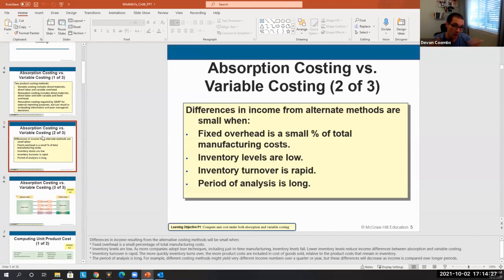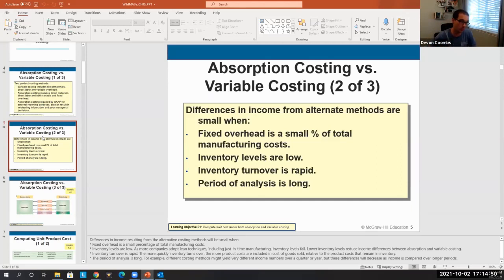But if we're using a lot of fixed overhead, like a lot of warehouses and factories, if we have very high inventory levels, or slow inventory turnover, like building out cars or some business like that, and we're analyzing a short period, we use variable costing.